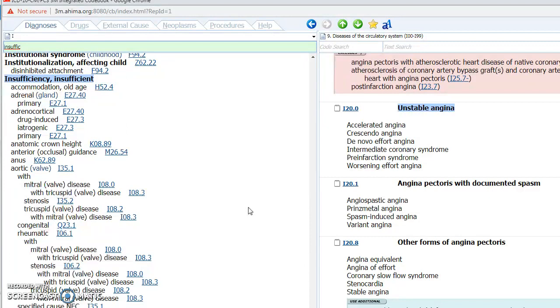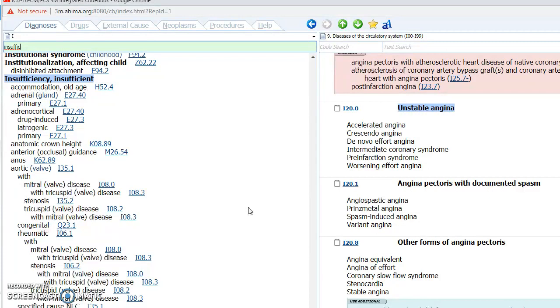The next big thing is your myocardial infarction. When we talk about an MI, it's described as acute or with a duration of 4 weeks or less. We go to category I21. We have an ST elevation, which is a STEMI, and then a non-ST elevation, which is a non-STEMI MI.